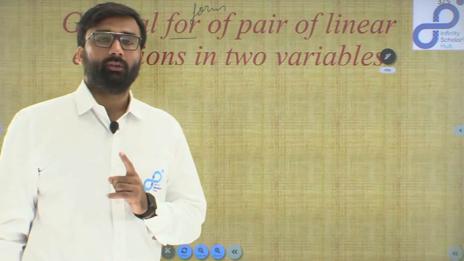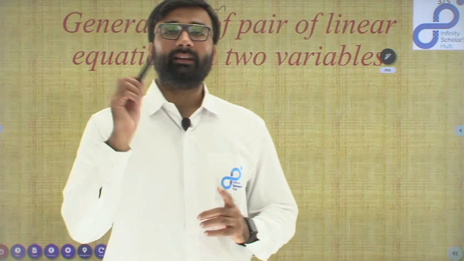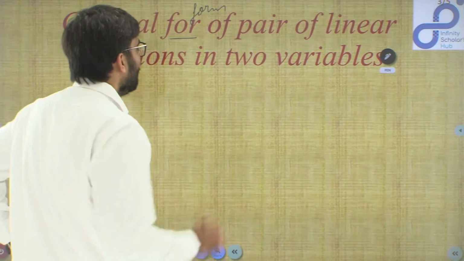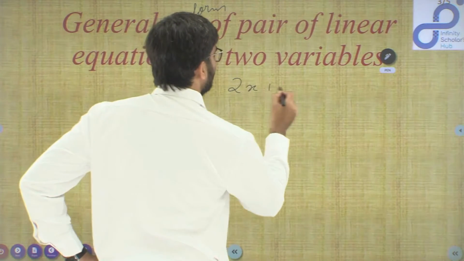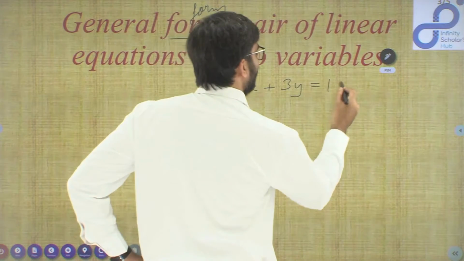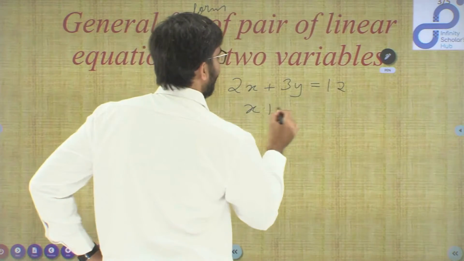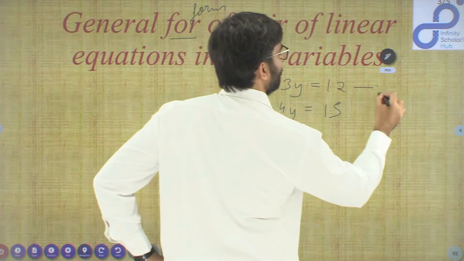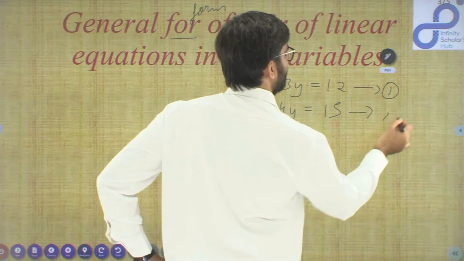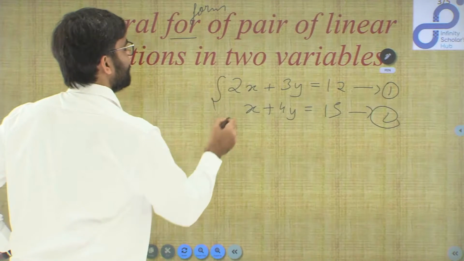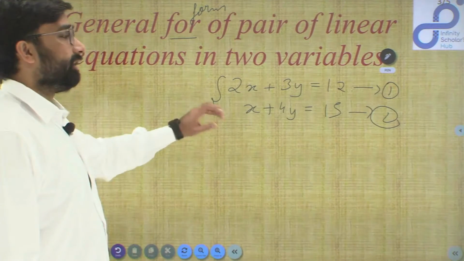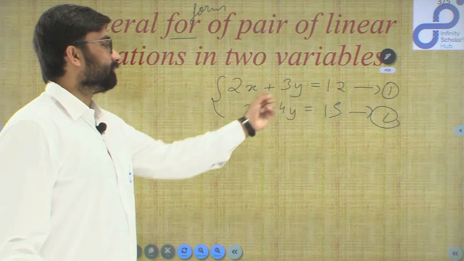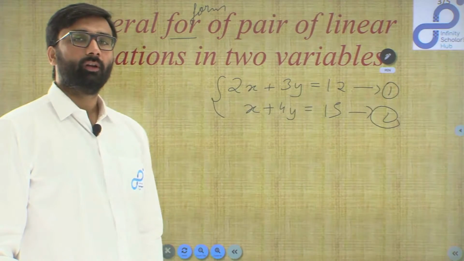And note one thing over here, that the variables used in both the equations will be the same. For example, I will write 2x plus 3y equals 12 and the other equation is x plus 4y equals 15. This is your equation number 1 and this is your equation number 2. So this is an example of a pair of linear equations in two variables, and note the variables used are the same for both the equations.